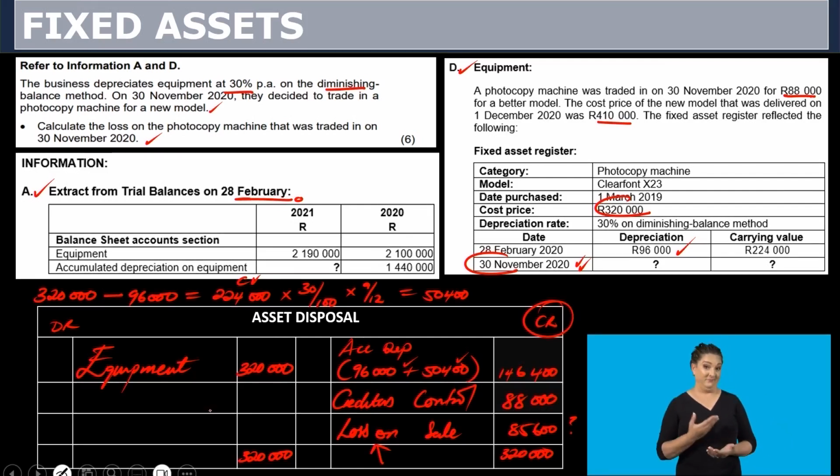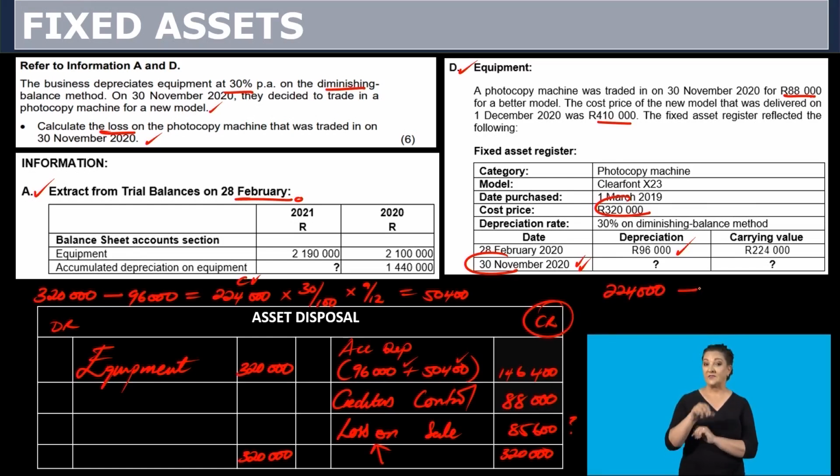Okay, here's another way that you could have done it to get the loss on sale. You would have simply said the amount that you're given, which is your carrying value, your 224,000. Then you subtract your depreciation for the year, which is 50,400.